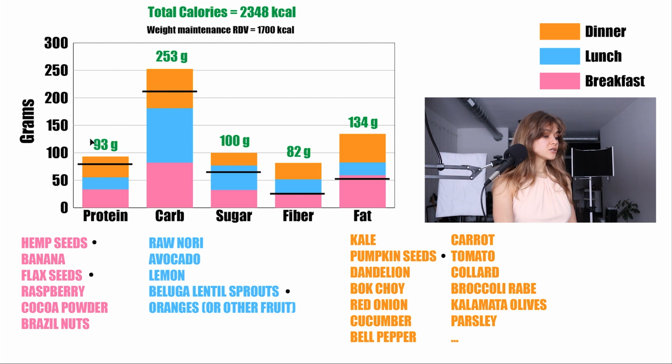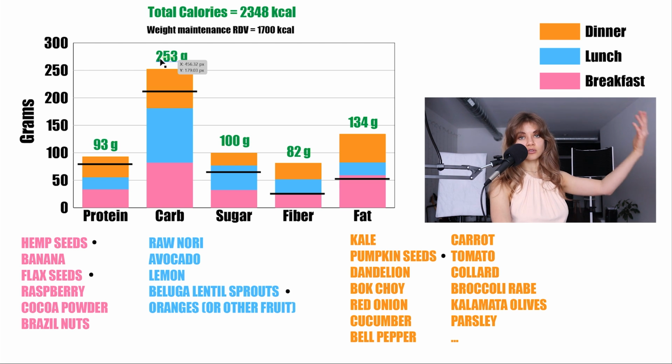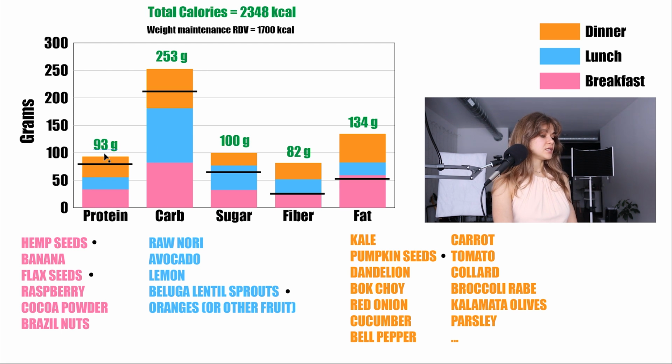And here on top in green, I put the total values, cumulative values accrued from breakfast to dinner. And let's see, what do we read here? We can see that even in protein, I am exceeding the recommended daily value as per my Fitness Pal, on my raw plant-based diet, and it is majorly owing to, again, hemp, flax, sprouts, pumpkin seeds, and greens.